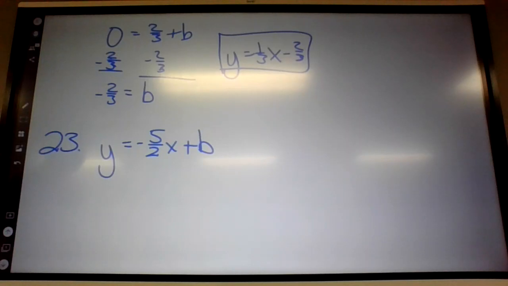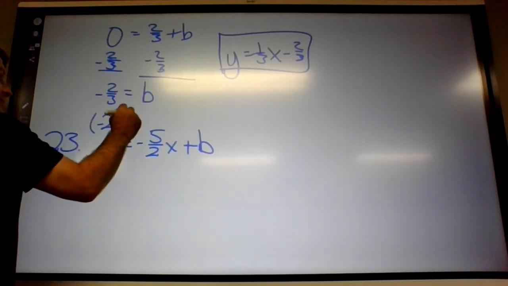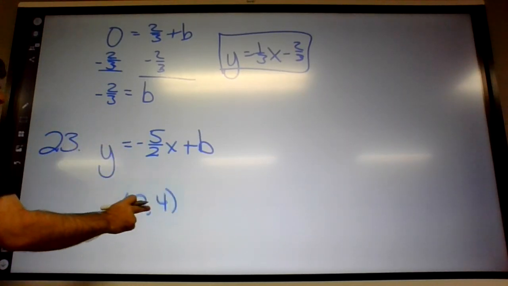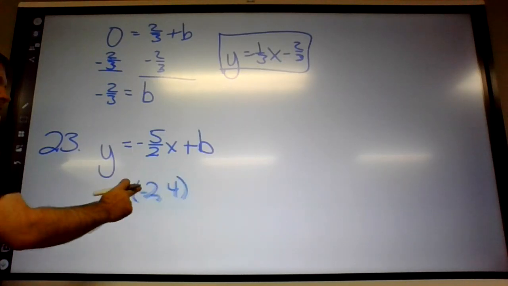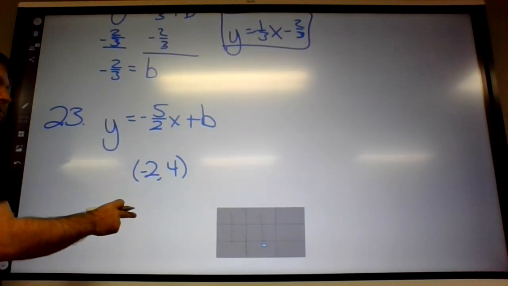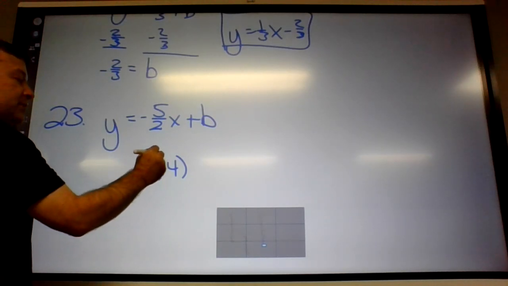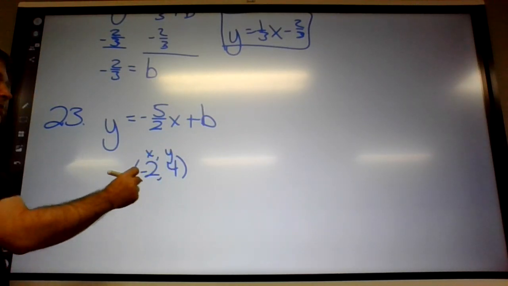The line's supposed to go through this point. What do we do with this? Okay, this is the x value and the y value. Oh, you plug it in.